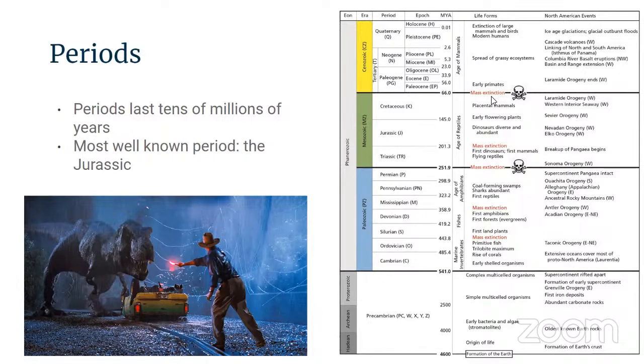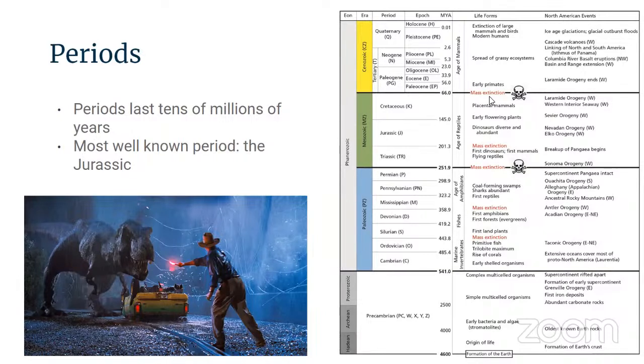That's really how we define them: we see a life form that's super common up until a certain point in the geologic record, and then we have massive extinction events. Tons and tons of stuff disappears, and we start to have new things. So that's cool, and we'll be talking a fair bit about extinctions in this course.